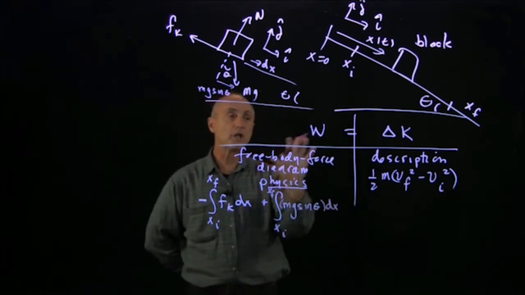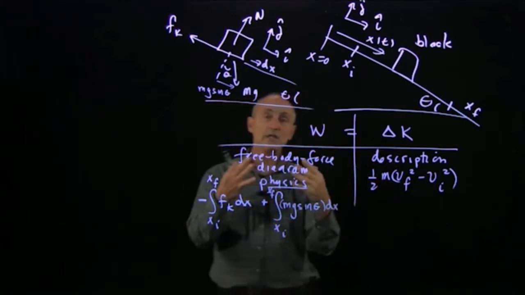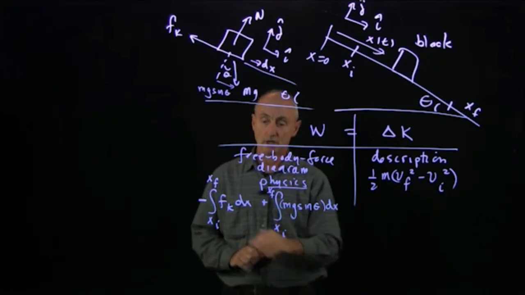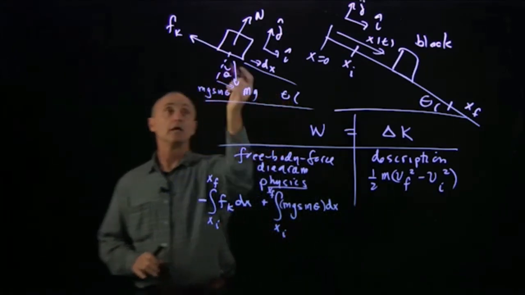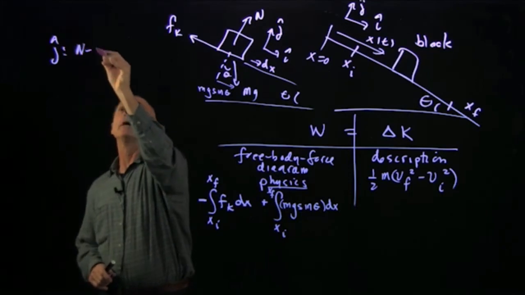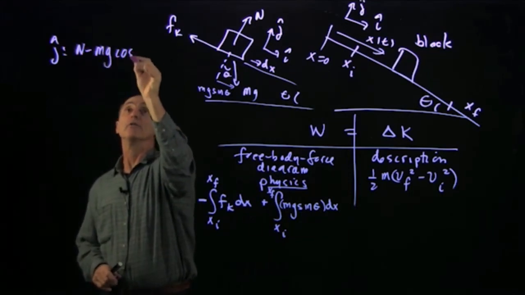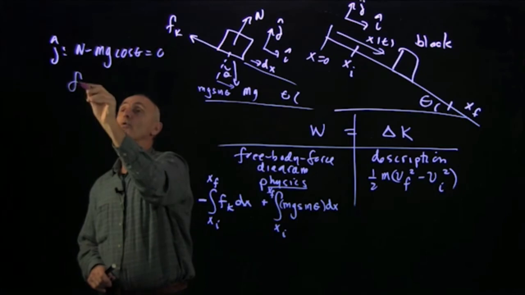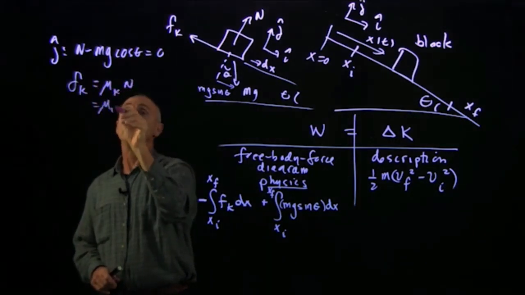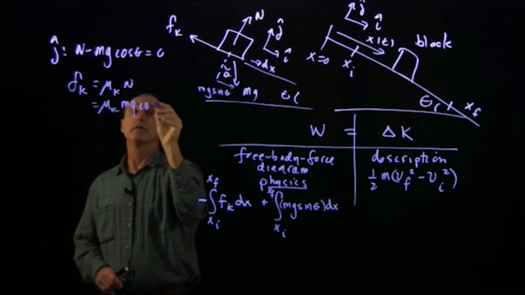And so when you're applying the work-energy theorem, you need to integrate your forces and actually calculate the work. Now, again, if you looked in the j hat direction and we applied Newton's second law, N minus mg cosine theta is 0, and our rule for friction is mu k times N, or mu k mg cosine theta.